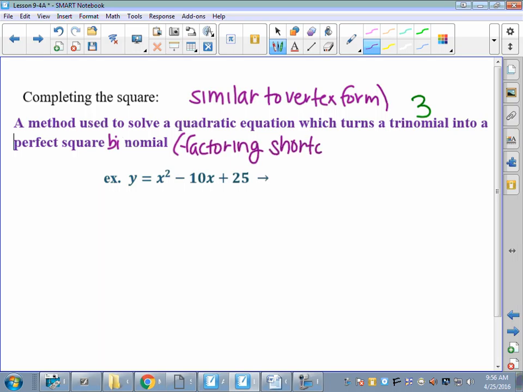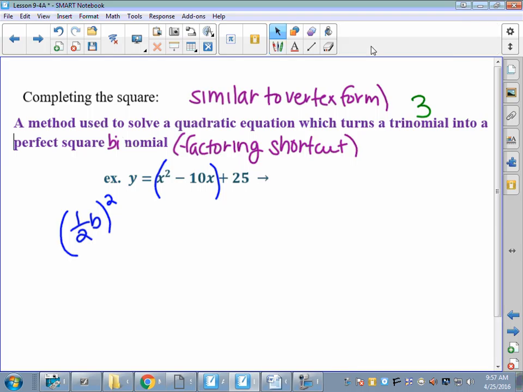Again, I feel like with us having done that vertex form thing, this is going to be exactly what you've done before. So remember when we do this scooching thing and we take half of b and then take that answer and square it? Well, what's our half of b in this problem? It is -5, right?